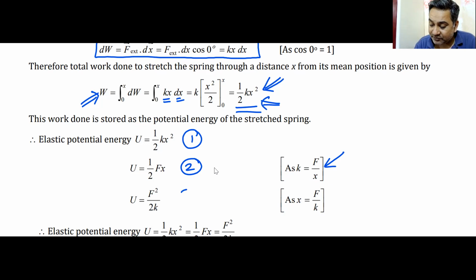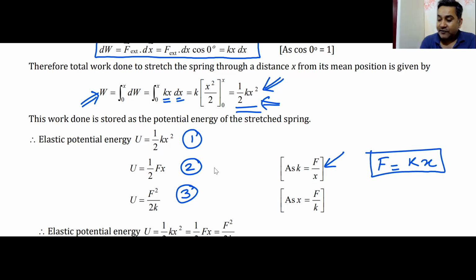Formula number 3 comes from formula number 2 when I substitute F by k for the value of x. Remember, F is equal to kx. I am writing it magnitude wise. I can substitute x as F by k, I can substitute k as F by x, or I can substitute F as k into x.